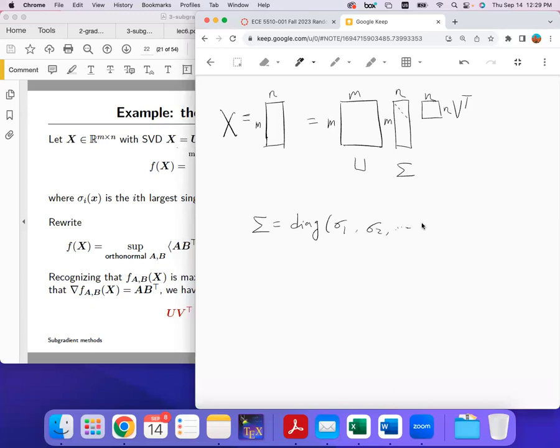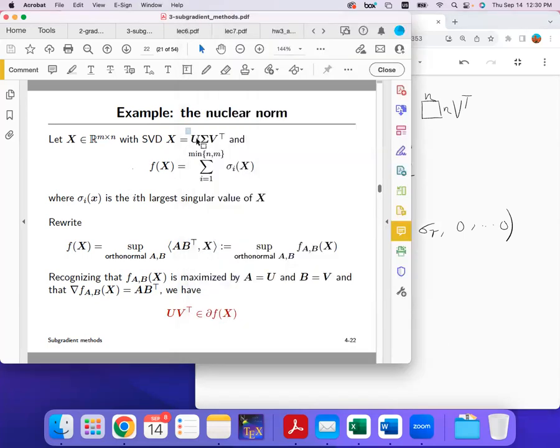If this matrix has rank R, then there are R singular values. The rest are 0. This decomposition applies to any arbitrary matrix. So this is the decomposition that we usually use for a matrix, the singular value decomposition. Basically, you can view sigma as the spectrum of this matrix.